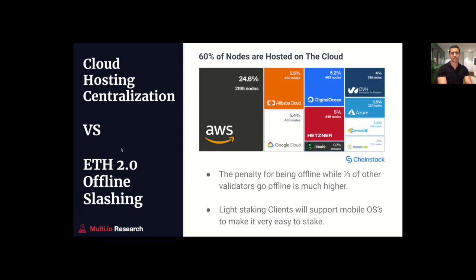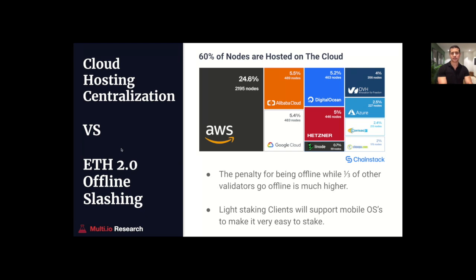Another centralization we've seen has been around cloud hosting providers. And Ethereum 2.0 discourages this with the offline slashing penalty. One of the drawbacks of staking has been the centralization around the cloud hosting providers, because the validators need to remain online 100% of the time, and many choose to run on a VPS instead. But Ethereum does have some protocol rules designed to discourage validators from hosting on the cloud.